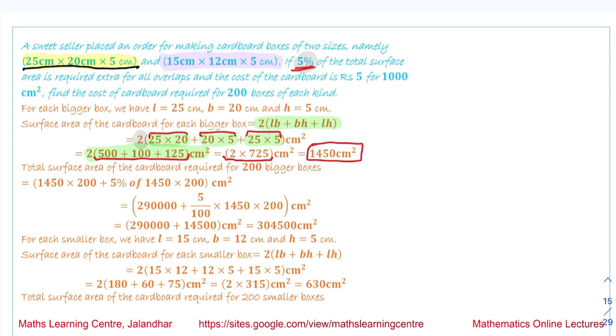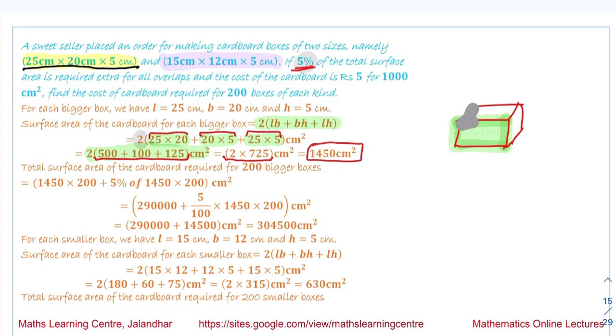Overlap purpose means when we are making the box over here, we are not cutting the box of this much area, we are just cutting some extra area over here, here, here and here, which can be overlapped on the other side.